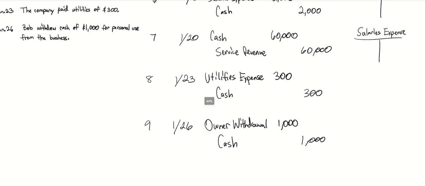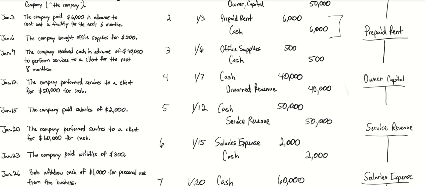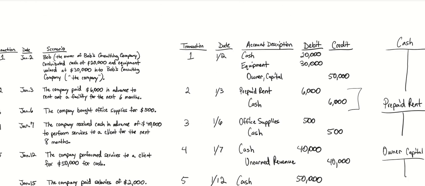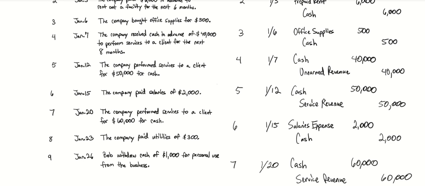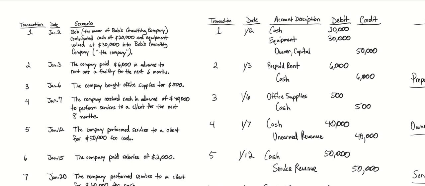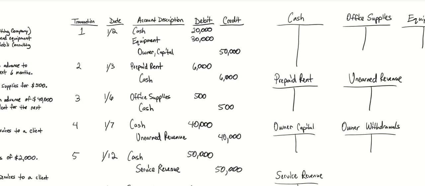All right. So we pretty much took all of the transactions that occurred from transaction 1 through 9 in the month of January, and we pretty much just translated this English language here into a business language, which is shown here in the general journal.